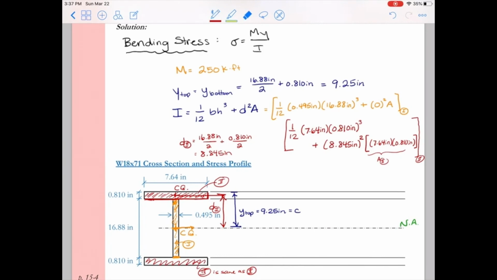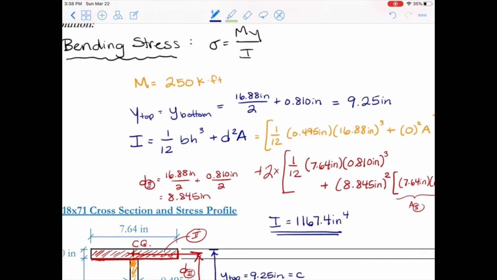So I'm just going to add here 2 times this entire value in red for my moment of inertia. Now that gives me the contributions of shapes 1, 2, and 3 to the composite moment of inertia. So now my total moment of inertia, just go through the math there, you should get 1167.4 inches to the fourth.